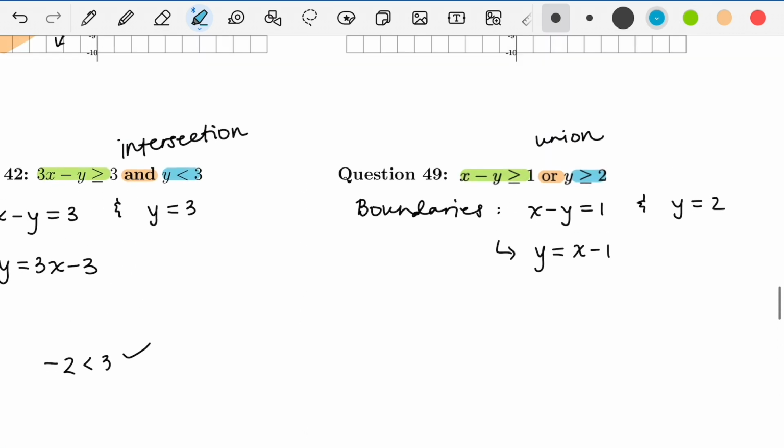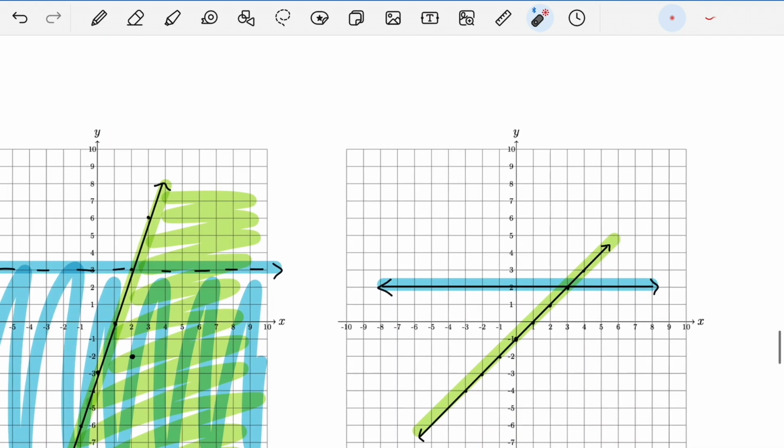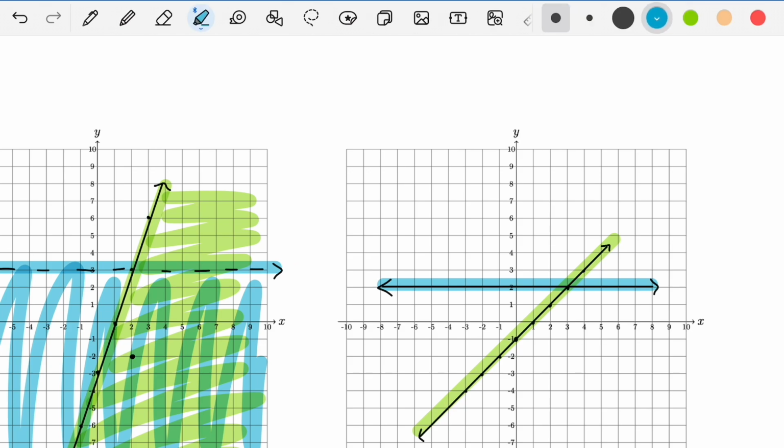All right, so going back to our inequalities, we're looking for the values that'll be greater than or equal to 1. So for this one here, it's going to be everything to the right of this line, everything over here. So we'll color that in green in this region.